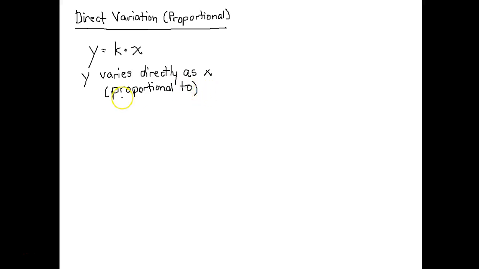So in this one, for the beam, the load the beam can carry is directly proportional to the width of the beam. So I'm going to make a little equation of L equals K times W, where K is your constant of variation.